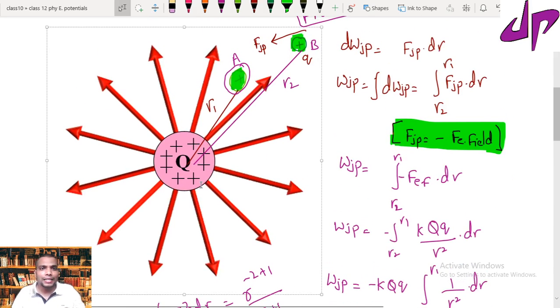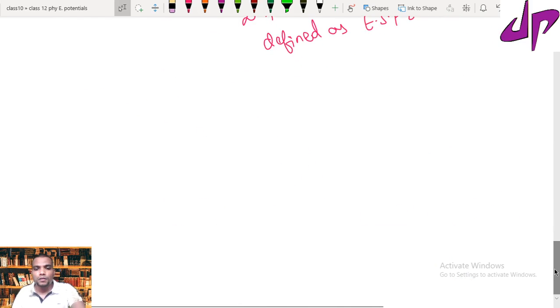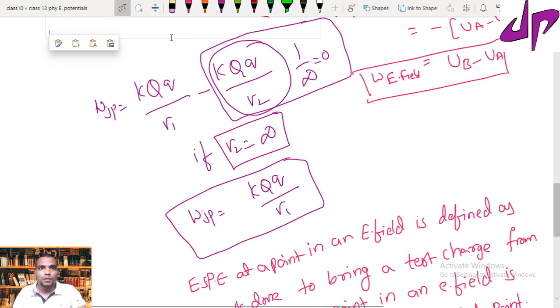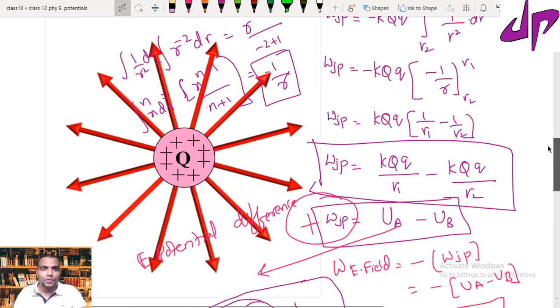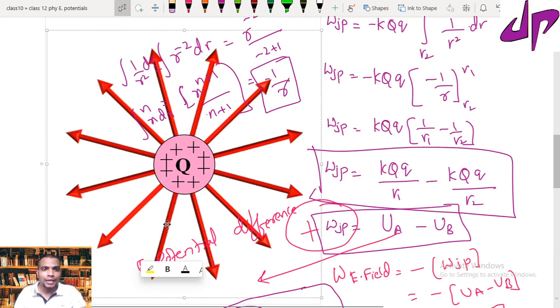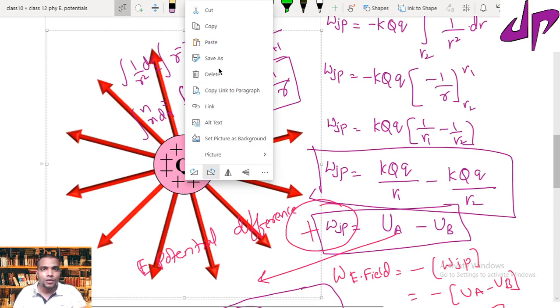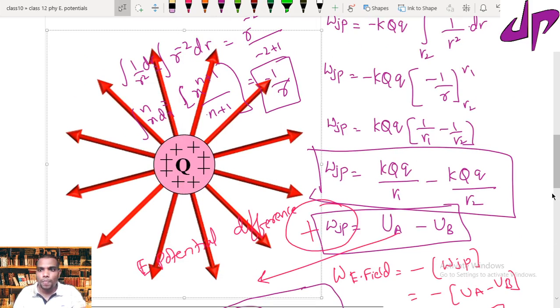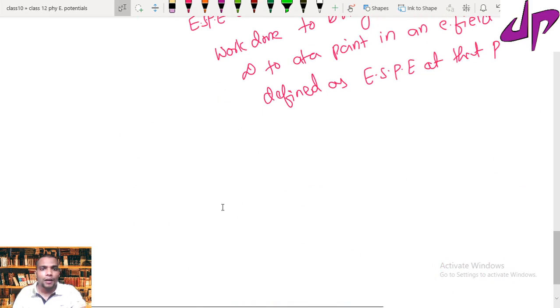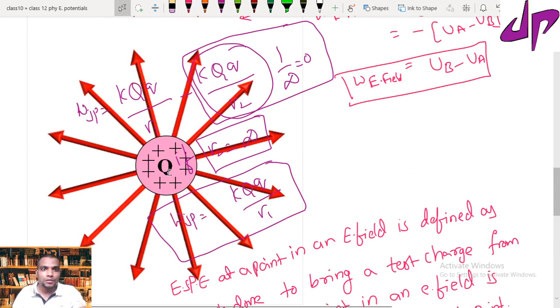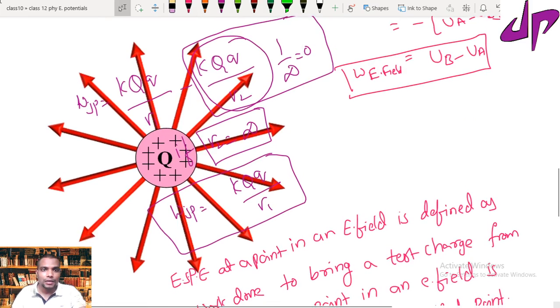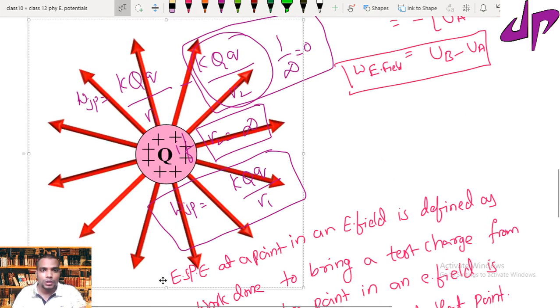So we learned that if a charge is located in the electric field, this charge will contribute potential energy. Let me take the diagram for a moment so that it is easy to understand.